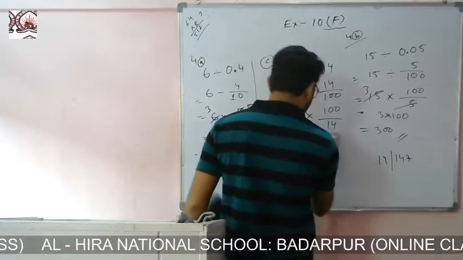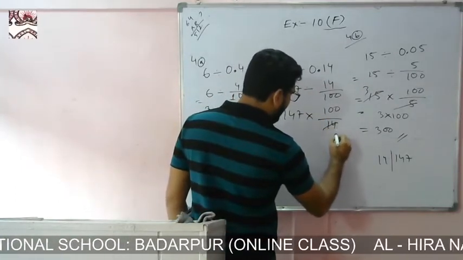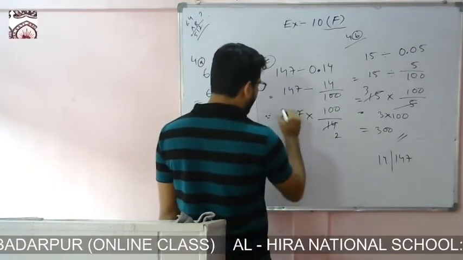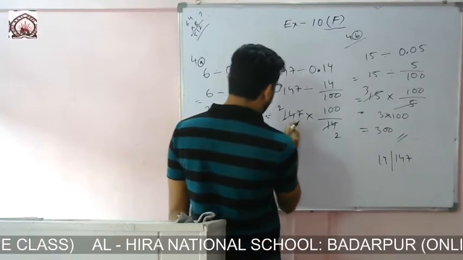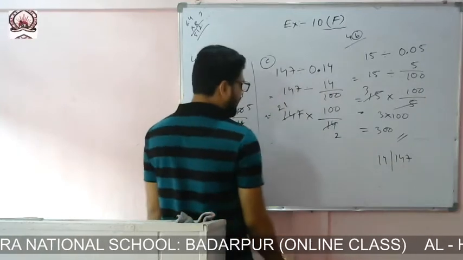Like this with 7. 7 2s are 14 and 7 2s are 14, and here what? Here remain what? 7. 7 1s are 7. Okay.